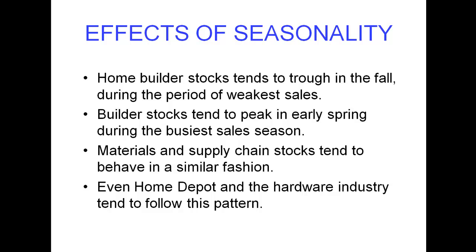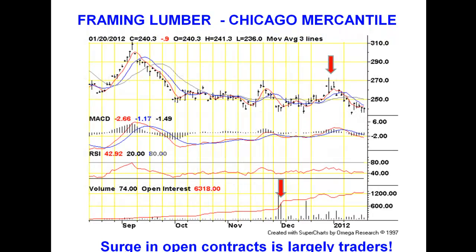Material stocks and supply chain stocks tend to follow this same pattern, as we'll show you today, even down to the Home Depots, the Lowe's, the Masco's, Vulcan Materials, and some of the other construction-related and materials-related companies.